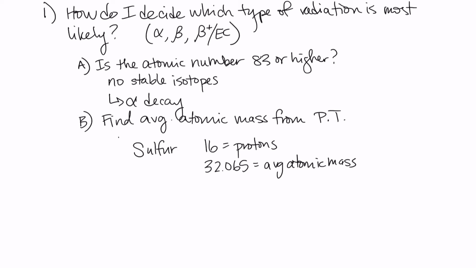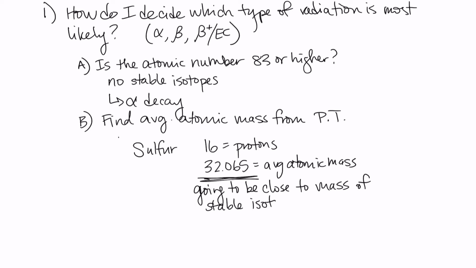Now, I'm going to find that because this number right here is going to be close to whatever the mass is of the most stable isotopes. So if we don't know anything else, but we know that it's about 32, then we would assume sulfur-32 is a stable isotope.